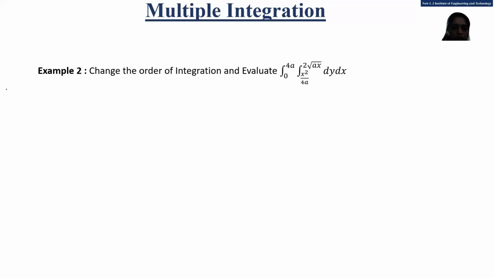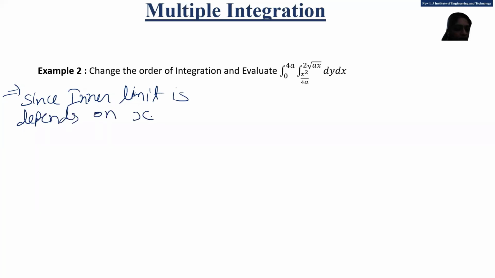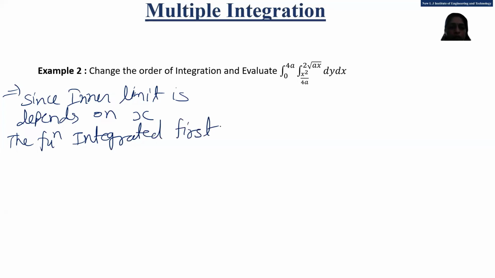Since the inner limit depends on x, right? So the function is integrated first with respect to y, then with respect to x.